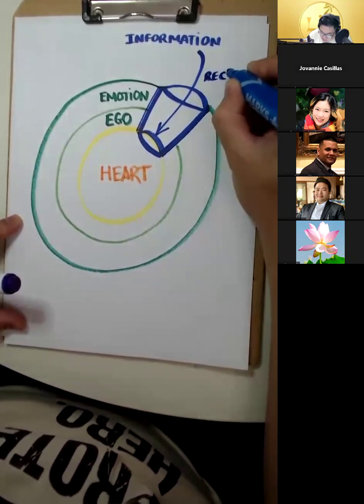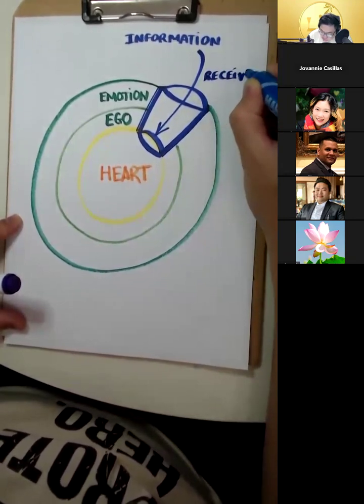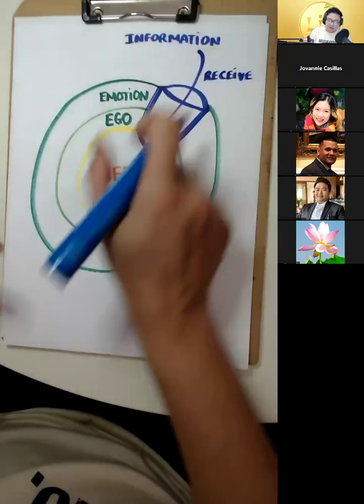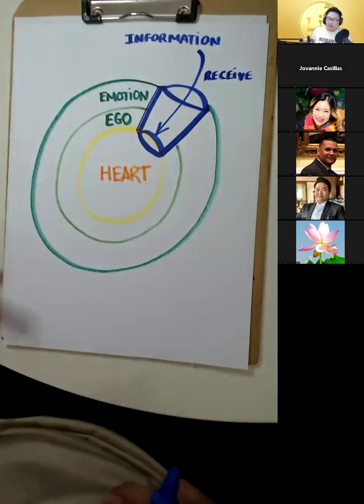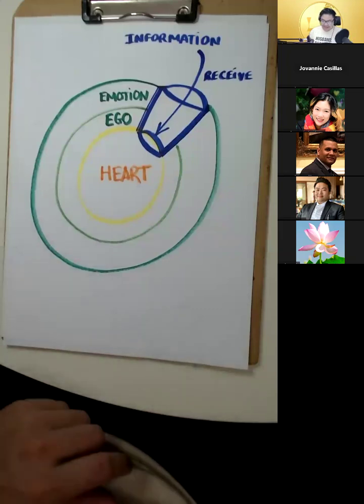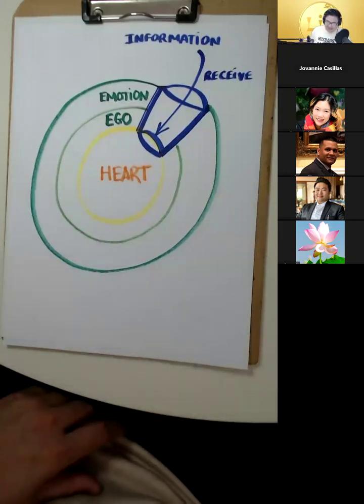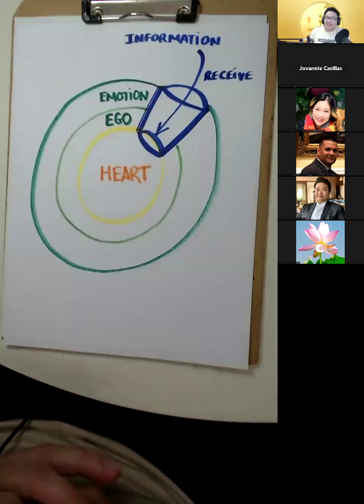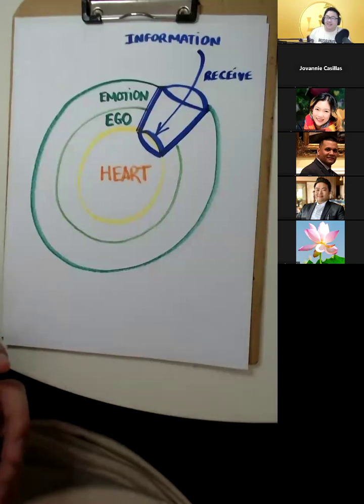Hey Ben, I have a question. Is that shape a cup? So this is like a tunnel, almost like a boat. I see it as a cup. The way I feel it is, if your cup is full with emotions and things of the ego, then you're not going to receive that information from the heart.